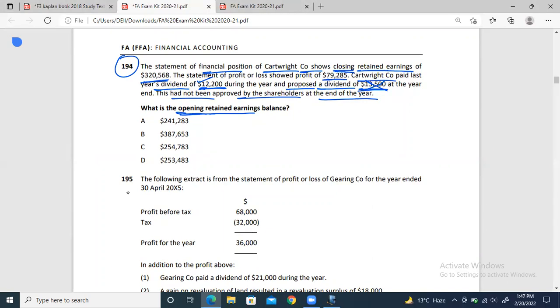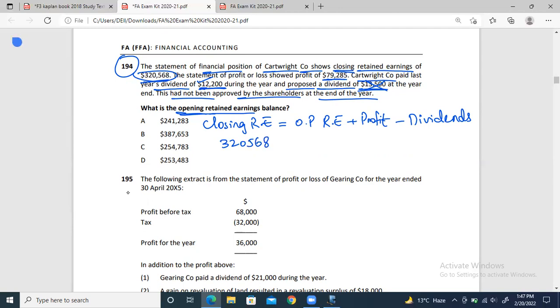Now, let's see what is the formula. For finding the closing retained earnings, I'm writing the formula, and after that we'll change it to solve for the opening retained earnings. So this is the formula. Opening retained earnings, we add the profit in this, right? And we minus the dividends. This is the formula for the closing retained earnings. But in this case, you can see the closing is given in the question, 320,568, right? So we'll do the reverse working over here.